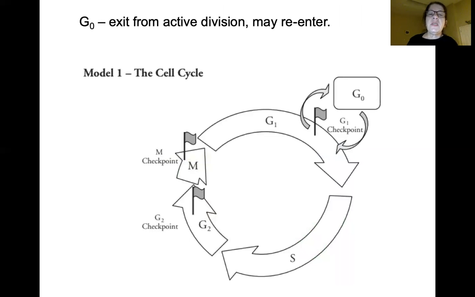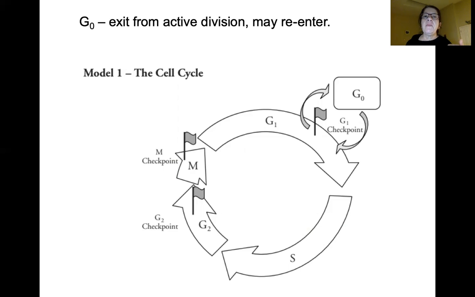Now, what is G0? Remember in the last lecture, I told you that at the G1 checkpoint, at the restriction point, the cell makes a decision whether it's going to enter the cell cycle, or whether it's going to undergo apoptosis, whether it's going to undergo differentiation, or whether it's just going to sit there and retire. Cells that are not entering the cell cycle at the G1 checkpoint enter something we call G0.